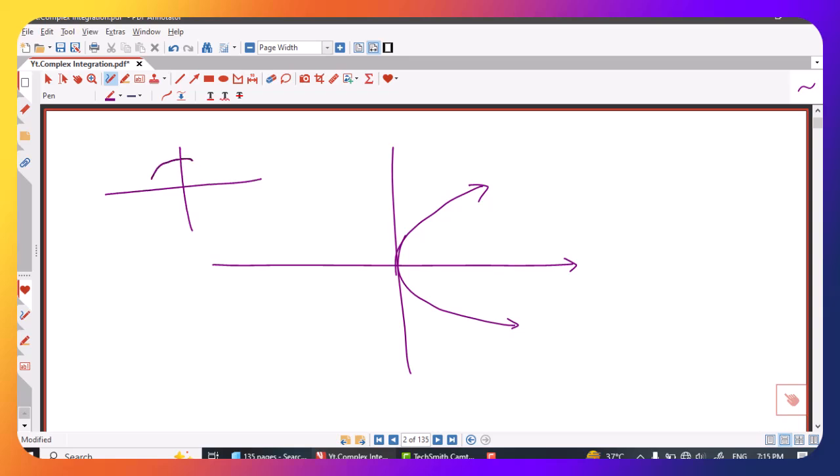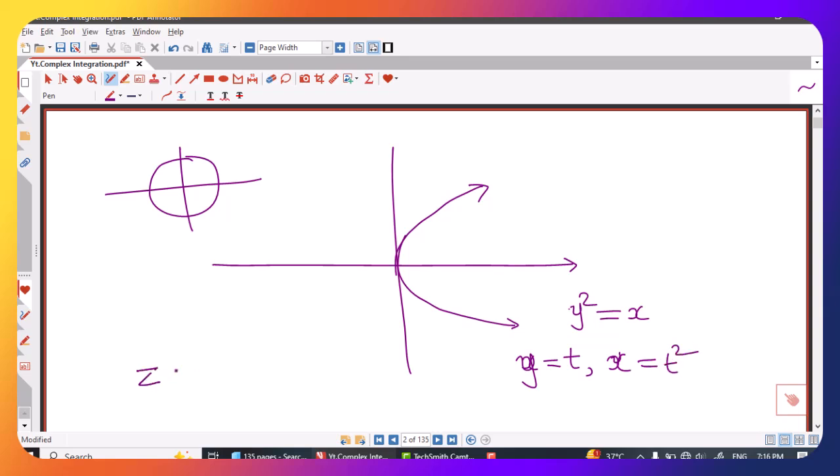So all these are curves in the complex plane, and we are going to write them differently. For example, if I have this parabola and suppose it is given by y square equal to x, then if I want to represent this in the parametric form, I will take y equal to t, then x will become t square.